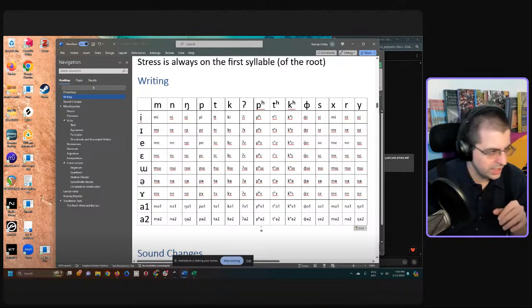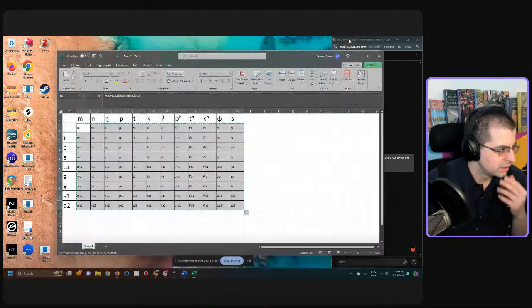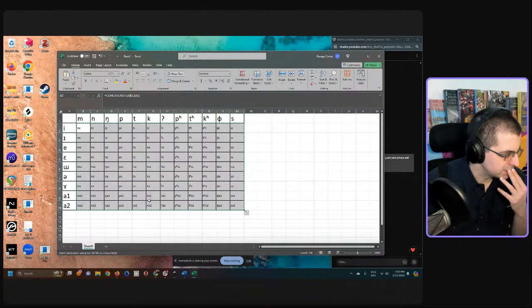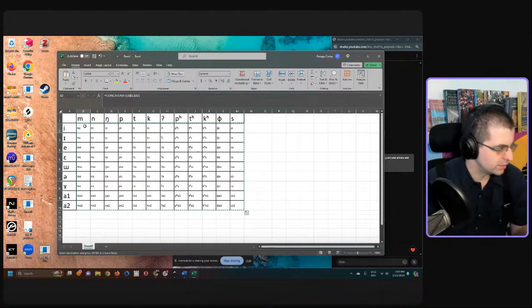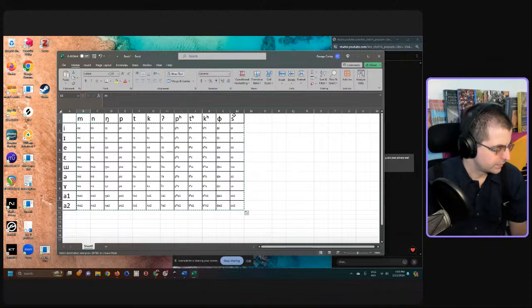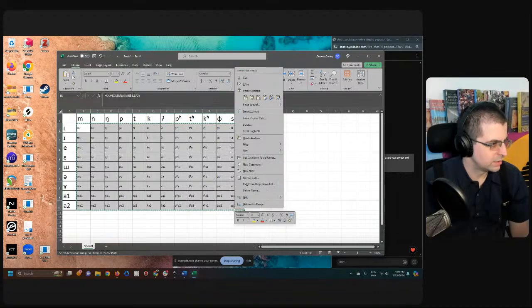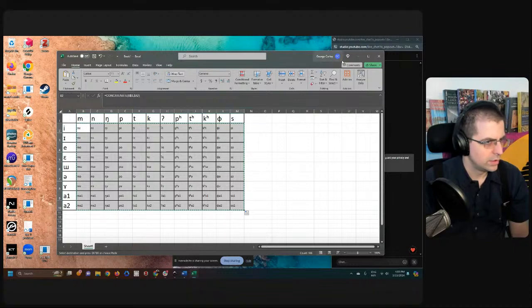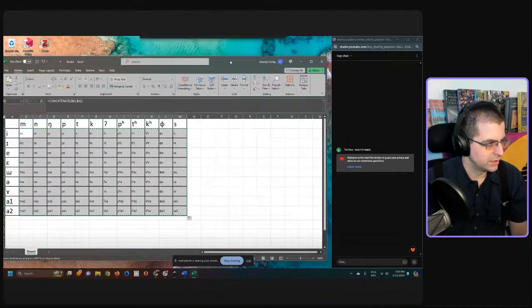And if we are to take all of this, how many cells is this? It doesn't tell me how many cells there are.